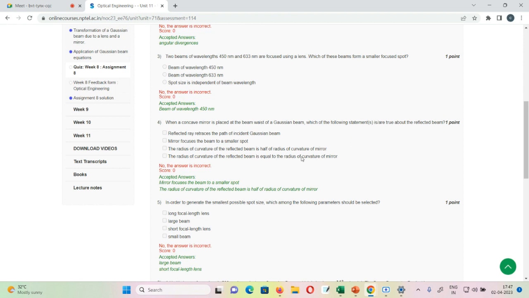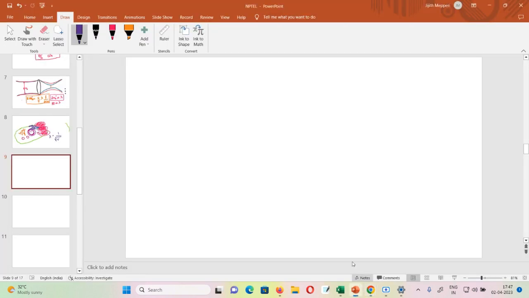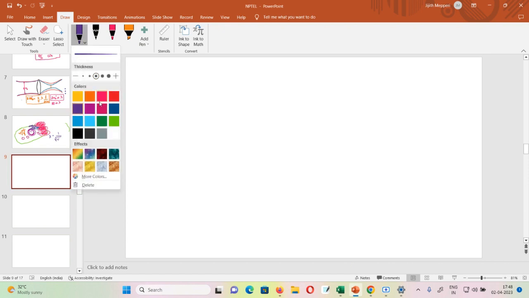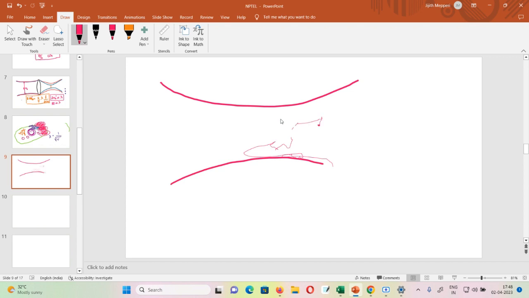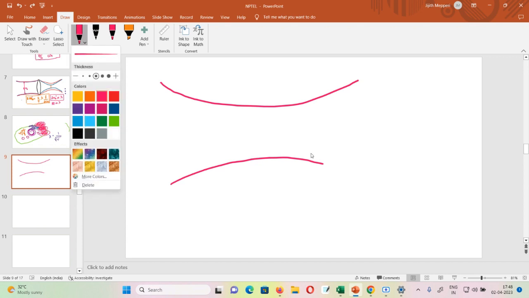Now I have a Gaussian beam. Now it has a beam waist.